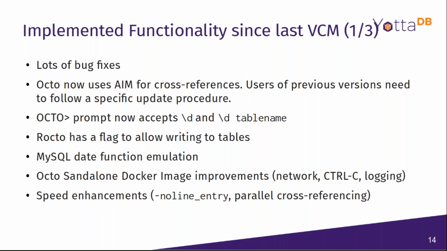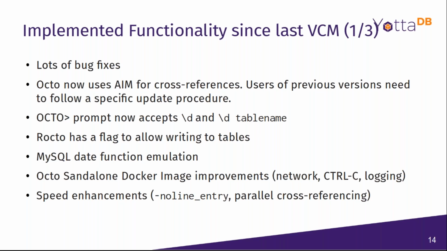But now Octo uses AIM for cross-references. This is a breaking change, so you actually have to follow a specific upgrade procedure to use that new version of Octo. And as far as I know, all of our production customers at this point have upgraded.